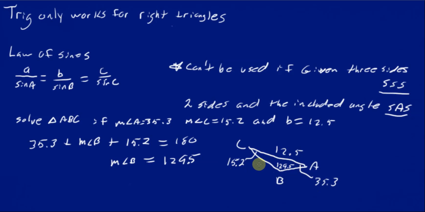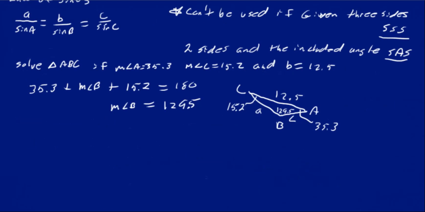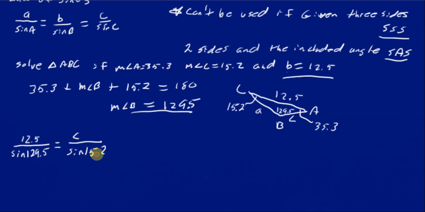We're just going to have to come up with the length of side A and the length of side C. Now I have length B and angle B, so I'm going to come up with the ratio. 12.5 is to the sine of 129.5 as, pick either one, doesn't matter, C, because we're going to have to do it twice, is to the sine of C. C is 15.2.